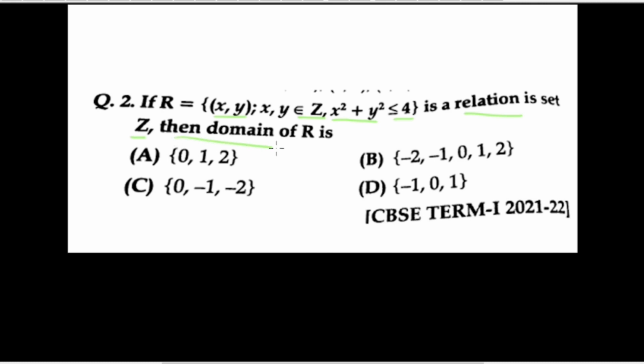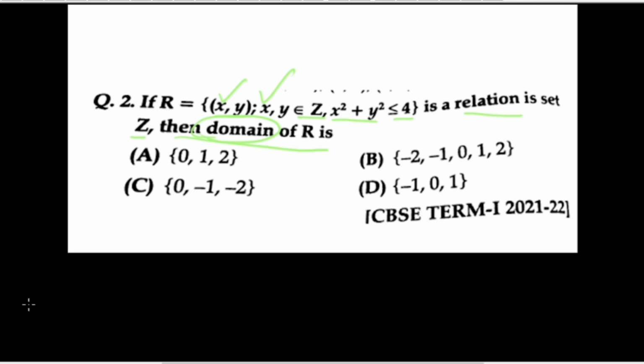Then the domain of R is what? That's the question. Domain usually denotes our x-axis, so in the ordered pair it is our x coordinate. It talks about our input.